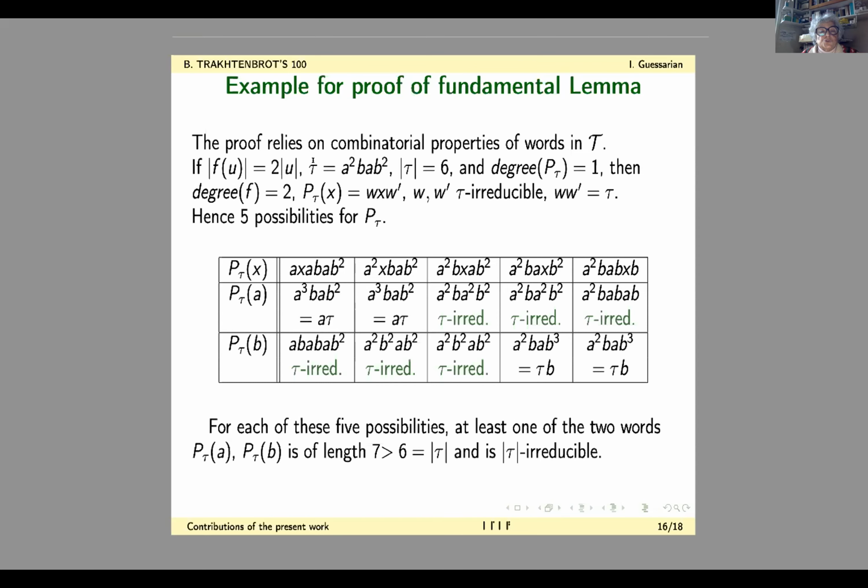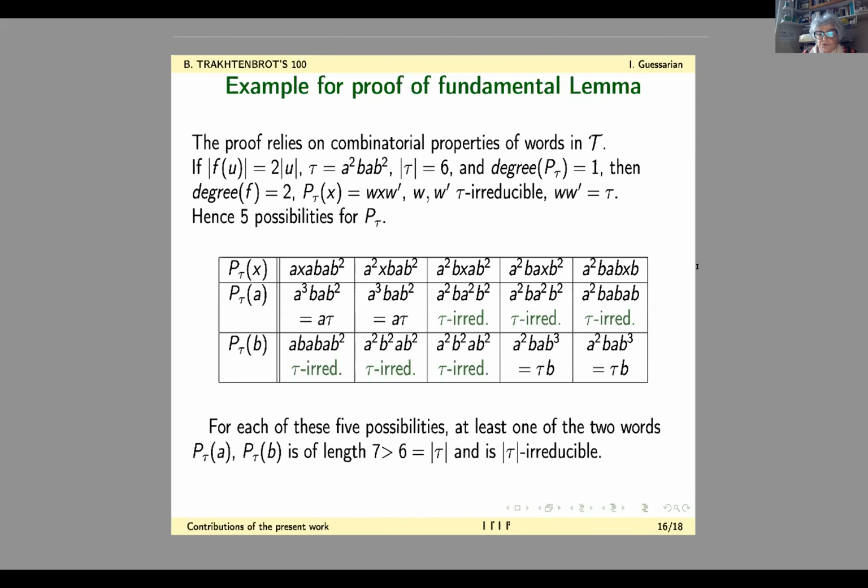Assume tau is the shortest possible, a square b, a b square. Tau is of length 6. And assume the degree of p tau is 1, strictly less than 2. Then p tau of x is exactly one of these 5 polynomials, believe me, please.